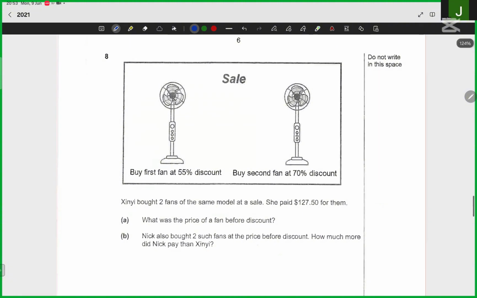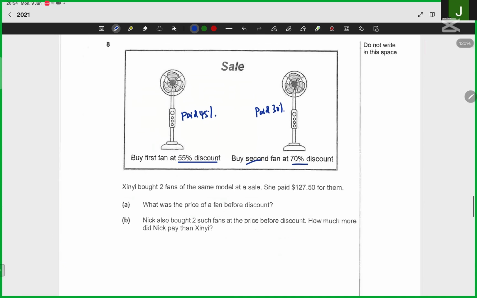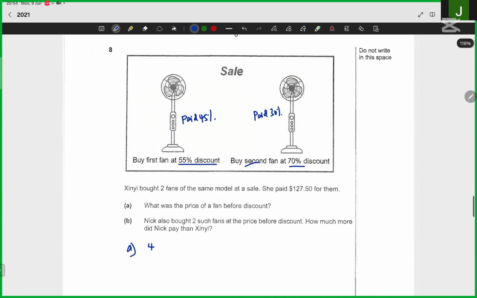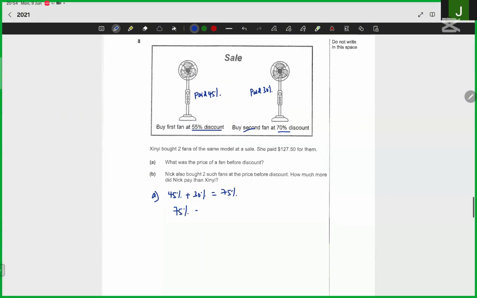Now, first fan, we get 55% discount, so we paid 45%. Second fan, at 70% discount means we paid 30%. So overall, how much did we pay? 45 plus 30 is 75%. So 75% is equal to 127.5, right?